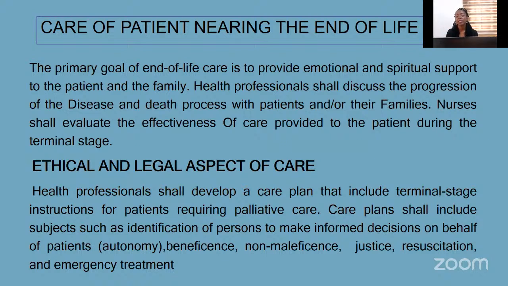At this stage, you begin to evaluate and discuss: who is your next of kin? Have you been able to sort out things in the bank, in your office, your successor and everything? All of these things should be discussed at this stage of care of patient nearing the end of life.